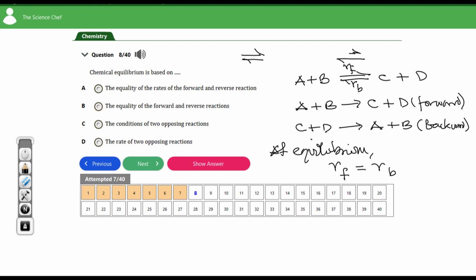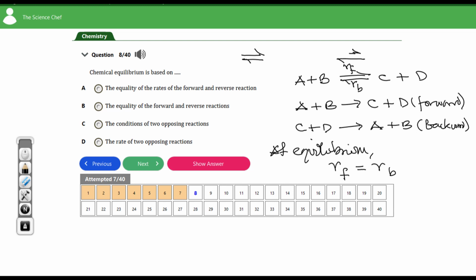Now the C says the conditions of two opposing reactions. No, that's not chemical equilibrium. That's more like a redox reaction, two opposing yet complementary reactions or processes. Then D, the rate of two opposing reactions. No, it's vague, right? But here we are told that the equality of the rates of the forward and reverse reaction.